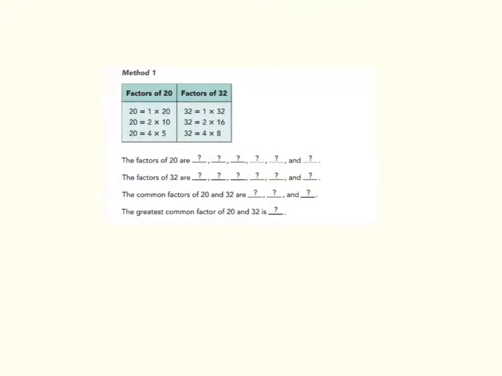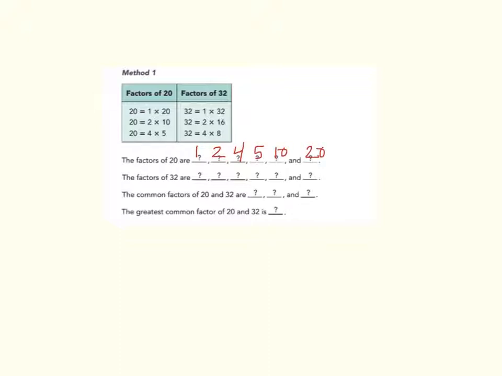Let's work through one more example of finding the greatest common factor using methods 1, 2, and 3. In this example, we're going to find the greatest common factor of 20 and of 32. In method 1, we simply list the factors of 20 and 32. The factors of 20 are 1, 2, 4, 5, 10, and 20.